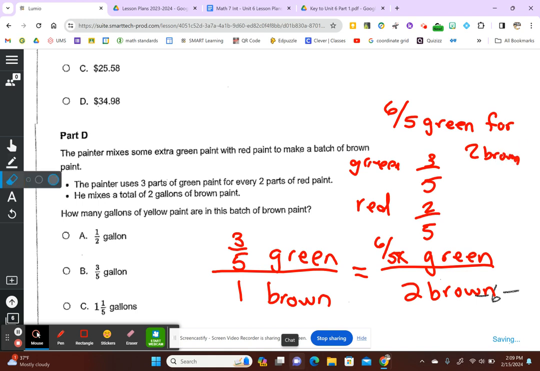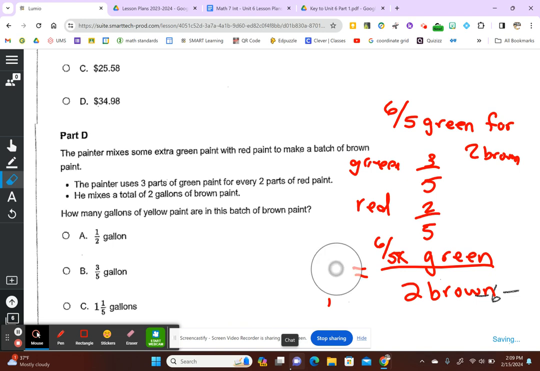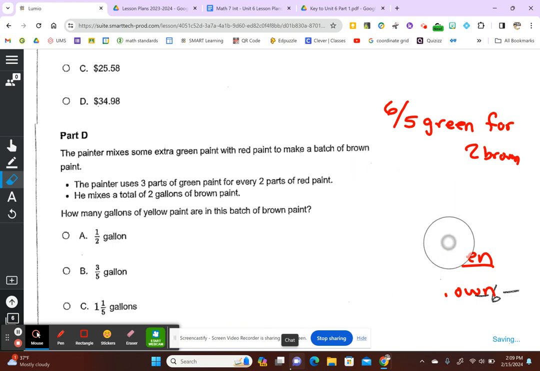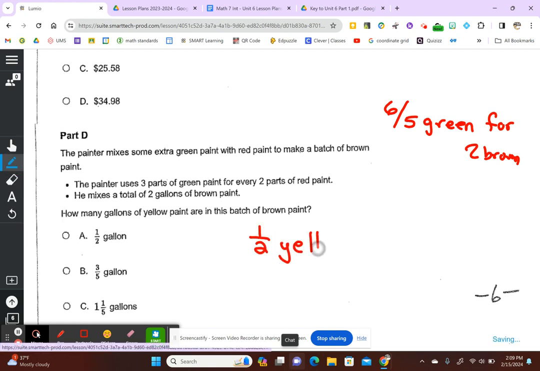Okay. Now I have to go back to the original, and he's asking about yellow. Okay. So for every green, I have 1/2 yellow. Sorry, 1 green.